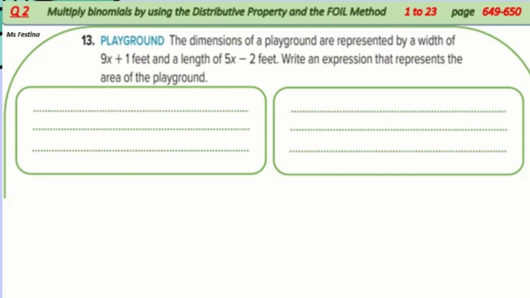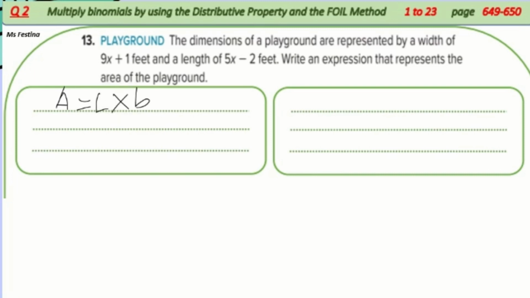So we know that a playground is most likely to be a rectangle, and the area of a rectangle is equal to length. Okay, so that's L, length. Let me just write it in a way that you will understand that that's an L. So length times breadth.